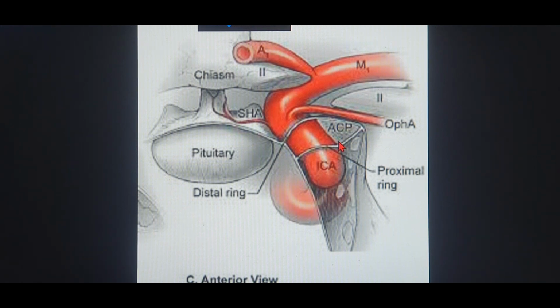On the lateral aspect, the dural rings, the proximal and the distal dural rings, are strong enough. They are attached to the carotid sulcus. Now the carotid sulcus is fixing the carotid artery in place with the help of the clino-carotid ligament. That's the carotid-clinoidal ligament.